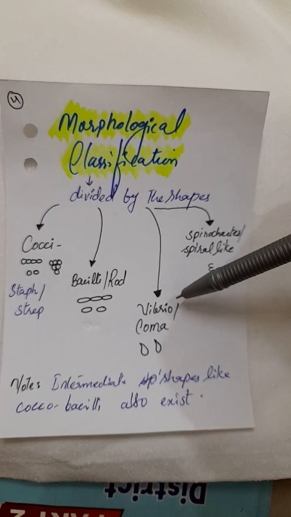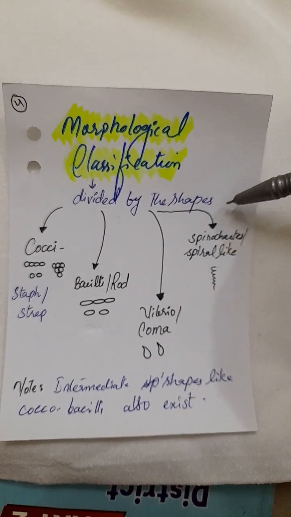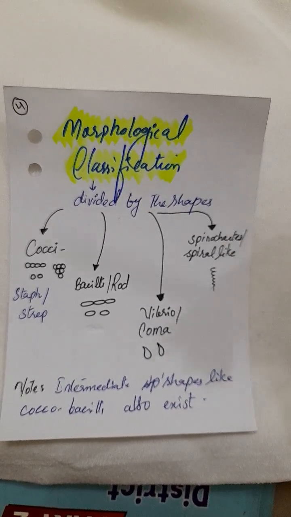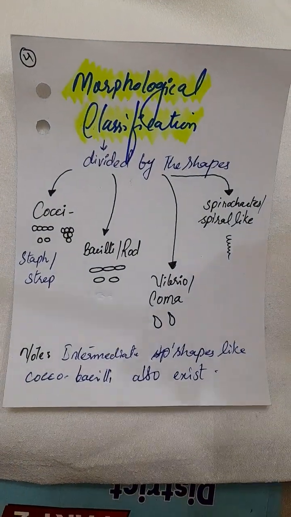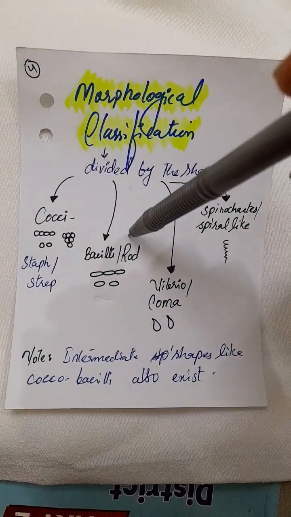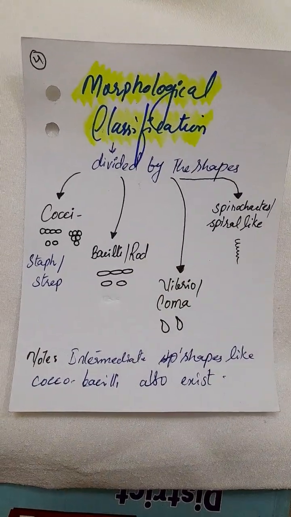The third one is vibrio, or comma shape. The fourth one is spirochetes, which are spiral-like. Note that intermediate shapes like cocobacilli also exist in bacteria.